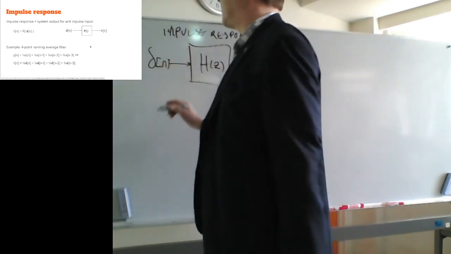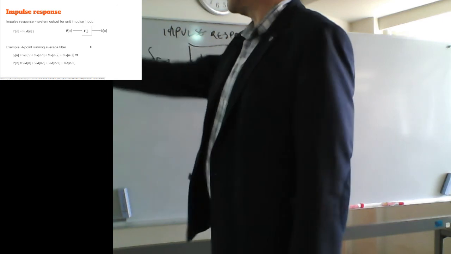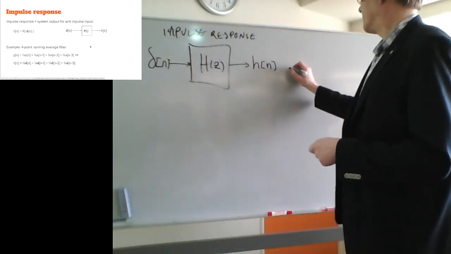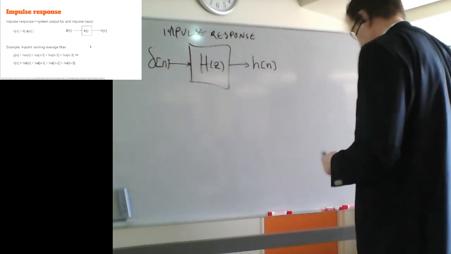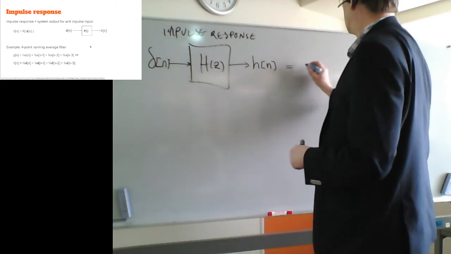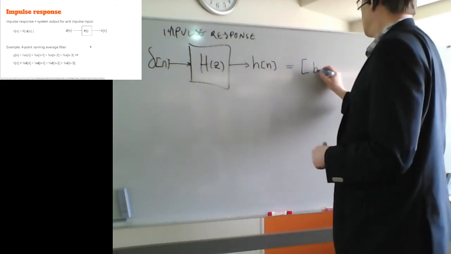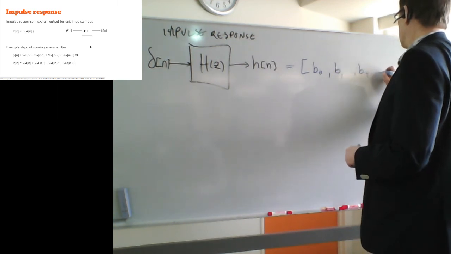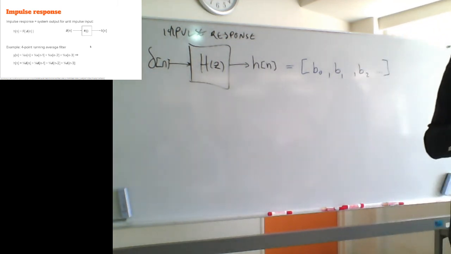So without feedback, you always get that kind of result. Maybe I should mark it with another color here. B0, B1, B2, and so on. Okay, that's the impulse response.